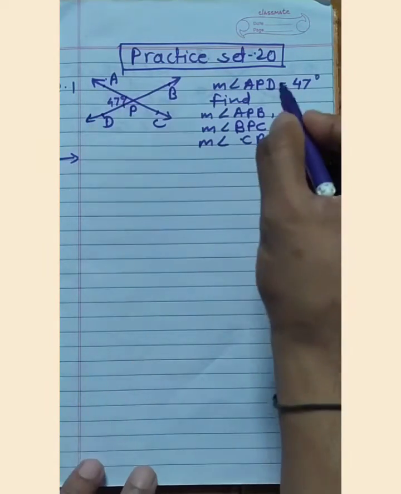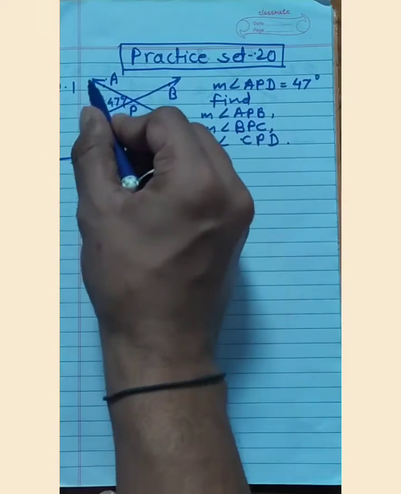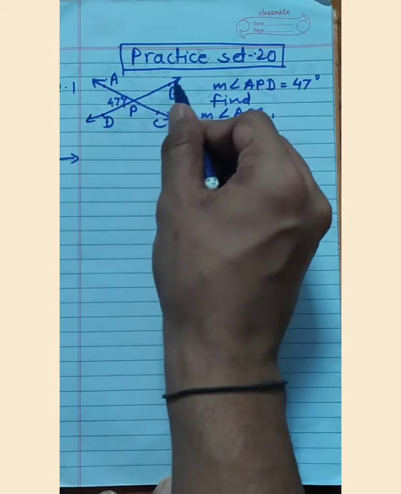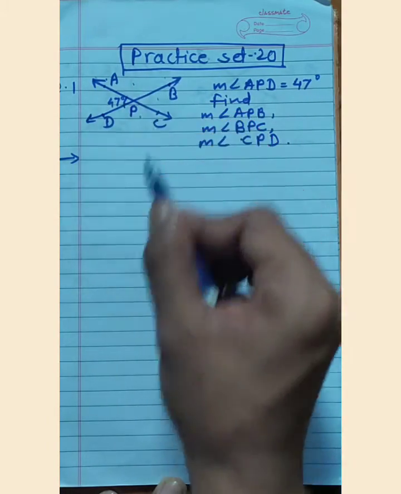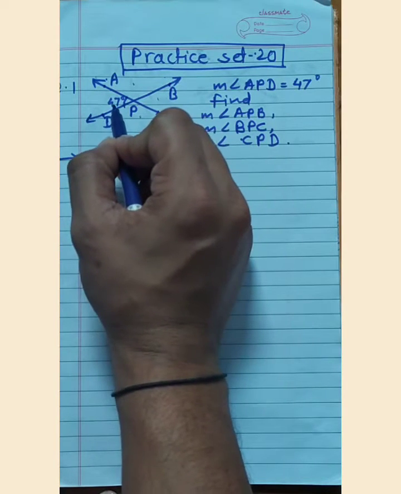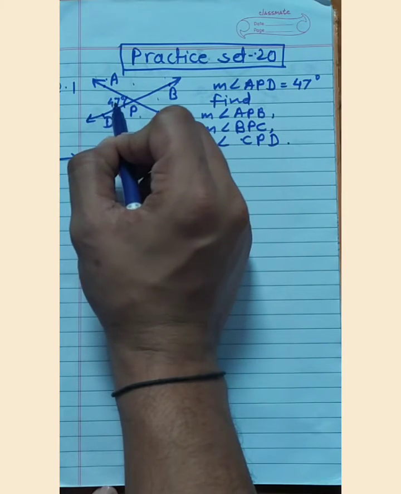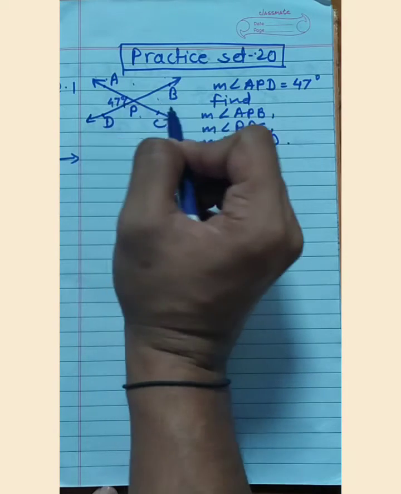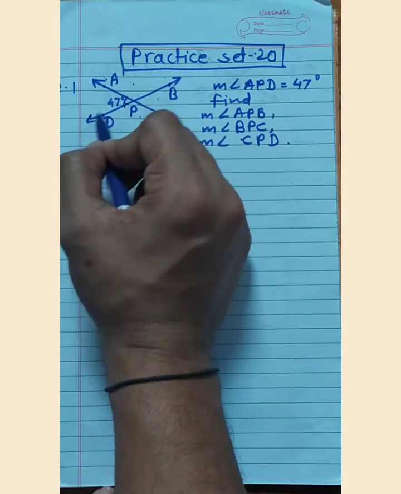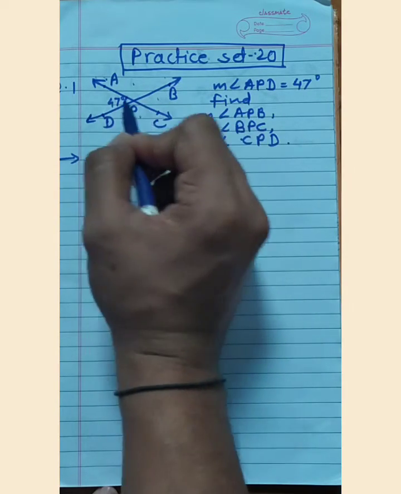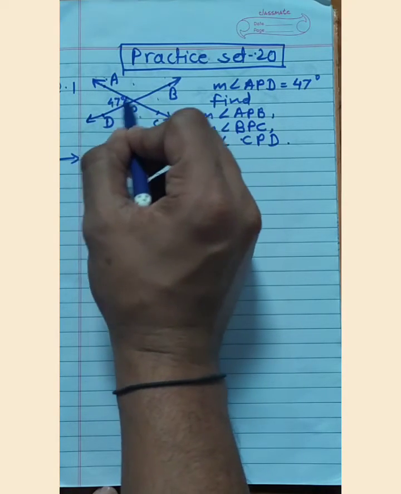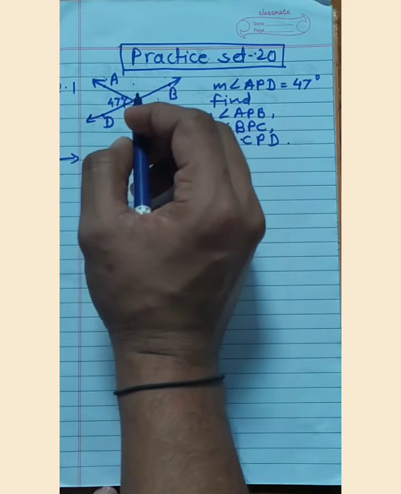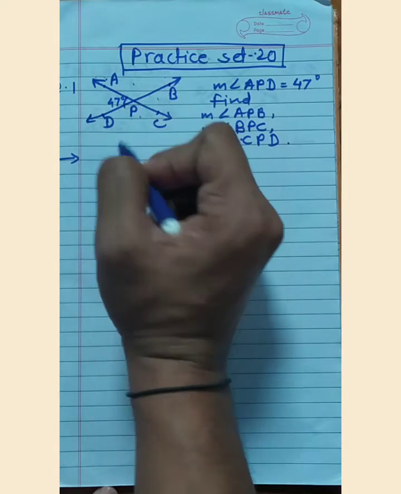Now you have to find measure of angle APB, measure of angle BPC, measure of angle CPD. All these three angles you have to find. First of all, we can apply the rule of vertically opposite angles. Angle BPC and APD are vertically opposite angles because they have a common origin and their arms are opposite rays. So they have equal measure.